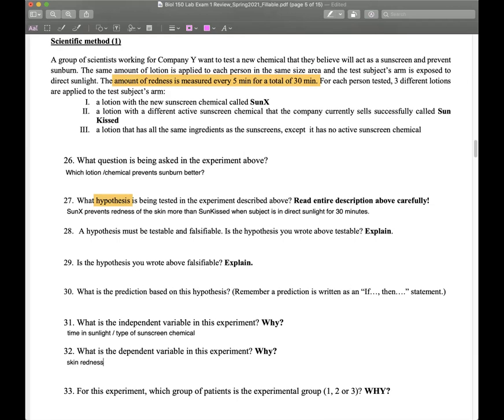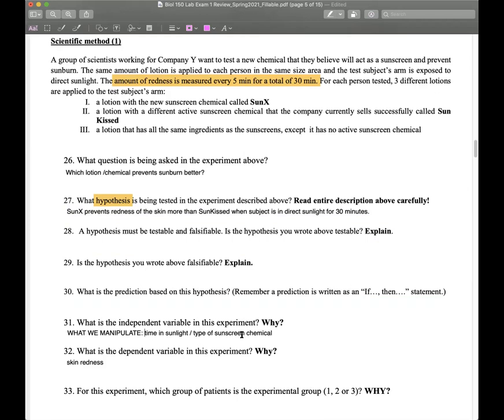Skin redness, yes. All right, Jenna asks if we could explain the difference between these variables. So our independent variable is what we manipulate as researchers, as scientists. So we can determine how much time these subjects are spending in the sunlight. And we're also going to determine which type of chemical they have on their skin, or I guess we're putting all three on the person's arm, maybe like 1, 2, 3, all in a row, so you can really compare the redness.